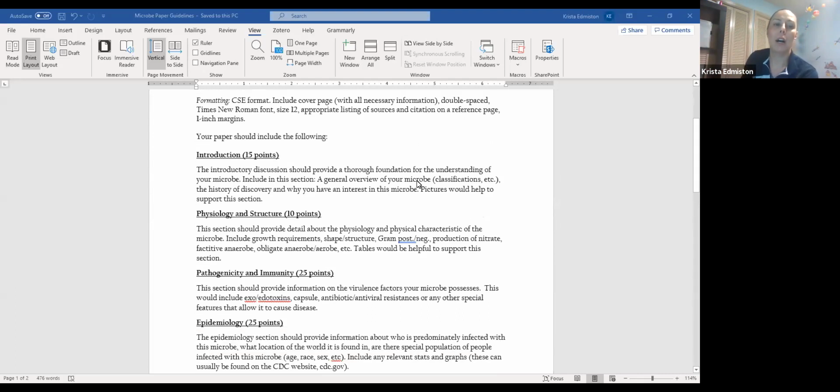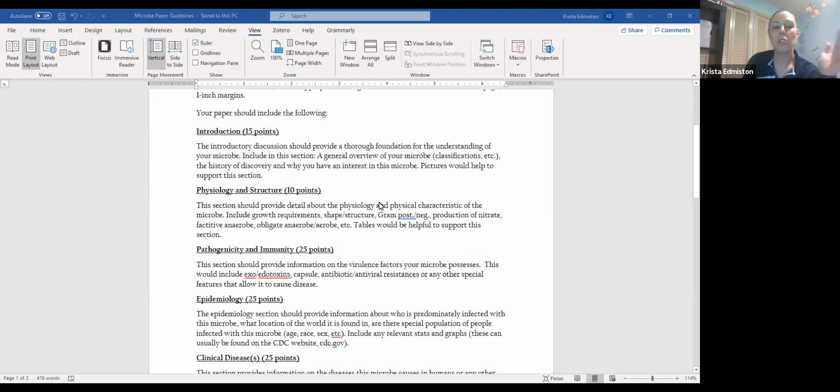Okay. The point breakdown is next to each one of those sections, so you can see that where there are more points associated, that's where there should be the bulk of the meat of your paper, if that makes sense. So the introduction is just a brief discussion about your microbe.